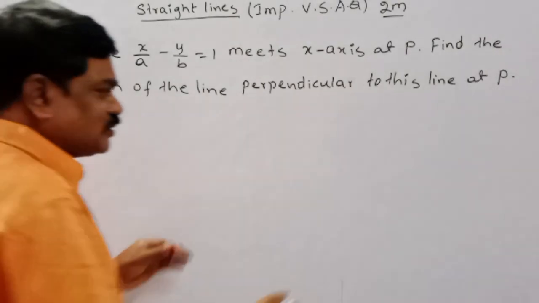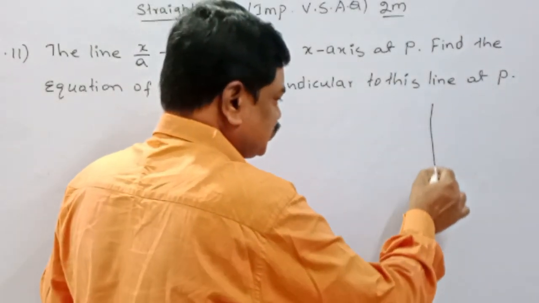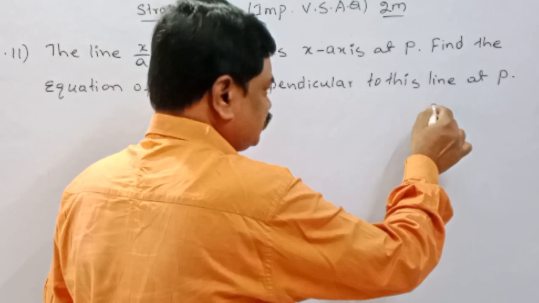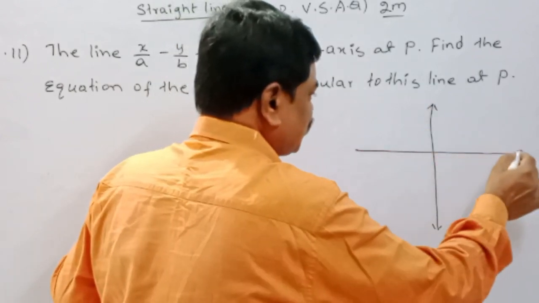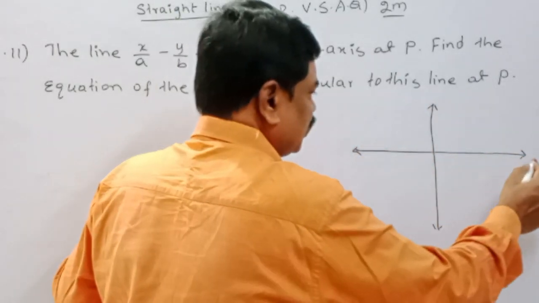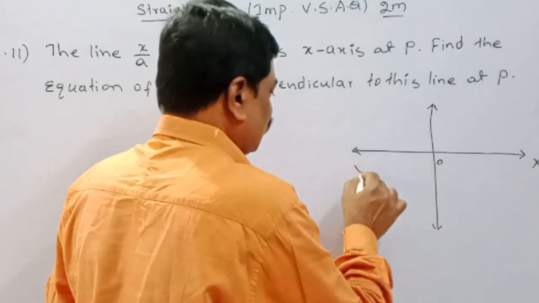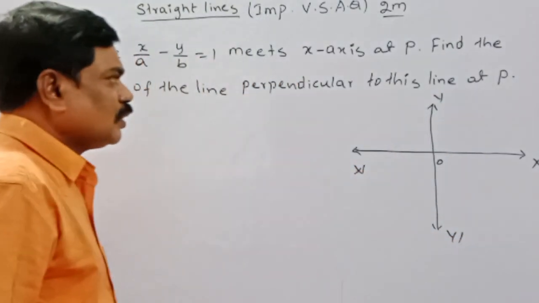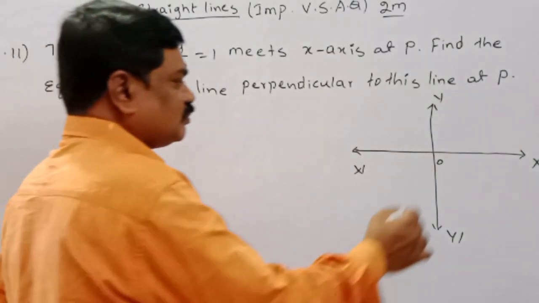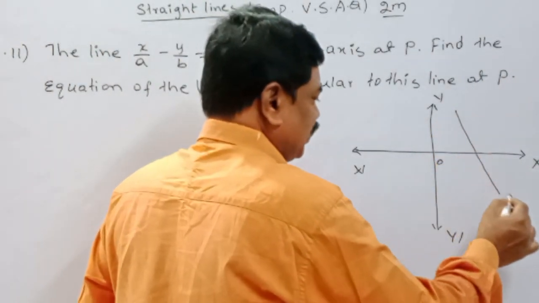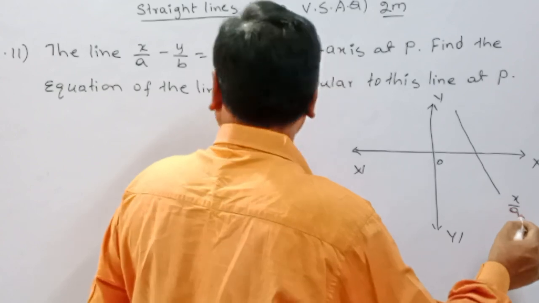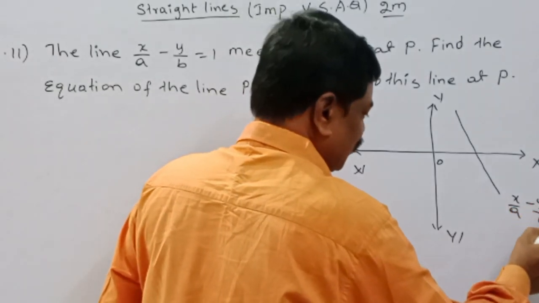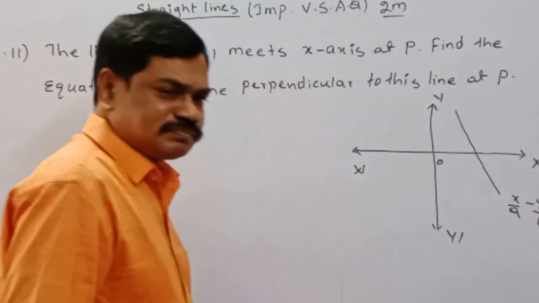Let us take the coordinate axes: y-axis and x-axis, X'OX and YOY'. This is the line x by a minus y by b is equal to 1.